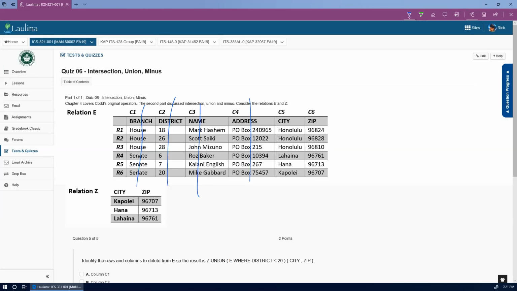And we're going to have at least this. We're going to have that. And we're also going to have E where district is less than 20. So that means we're also going to have this one also, yeah? District is less than or equal to 20. So that's what we're keeping.